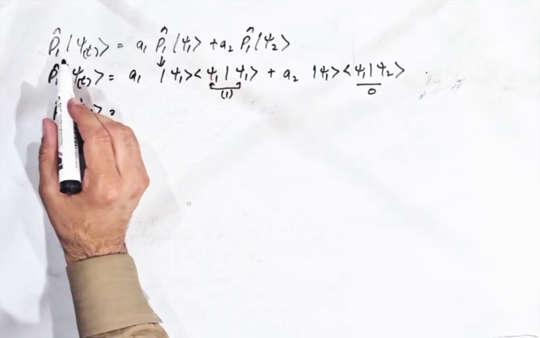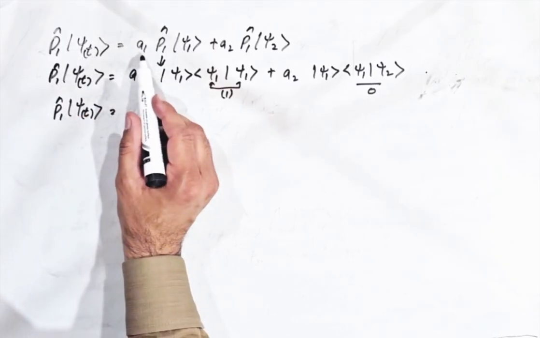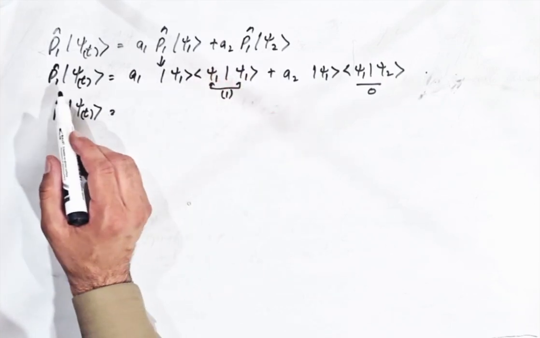P1 projection operator on state vector psi is a1 p1 psi 1 plus a2 p1 psi 2.